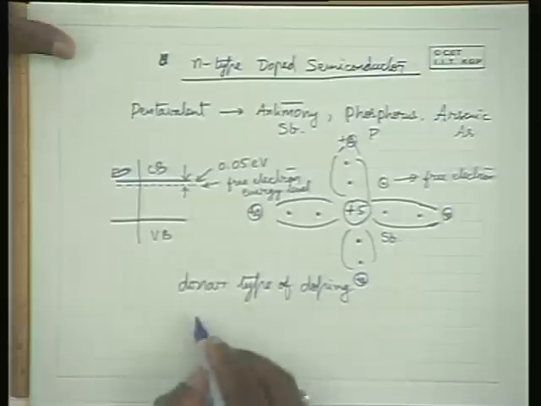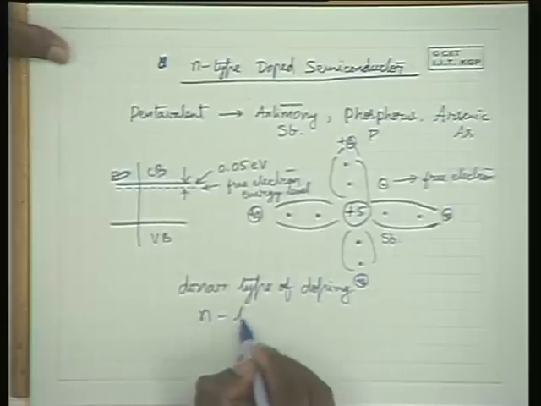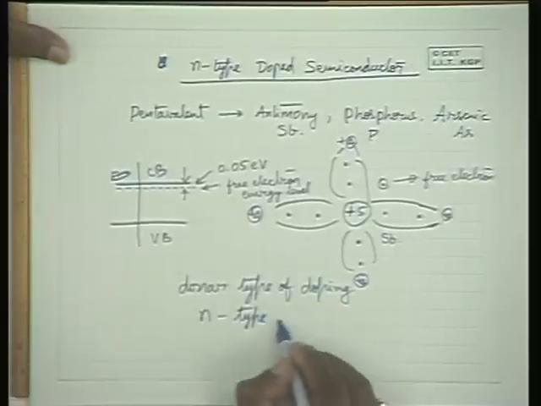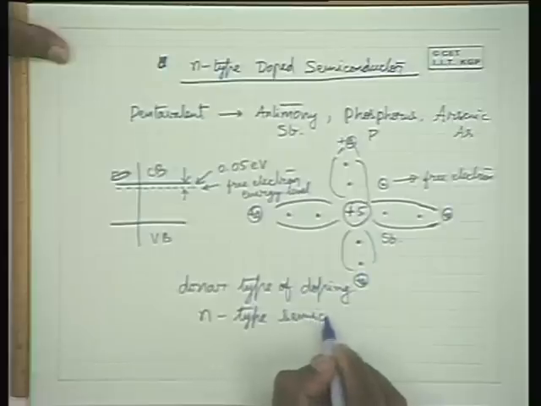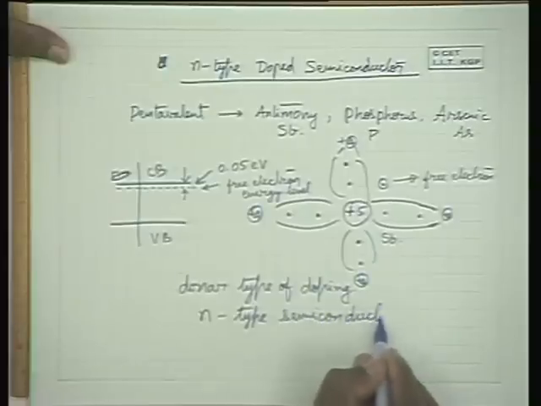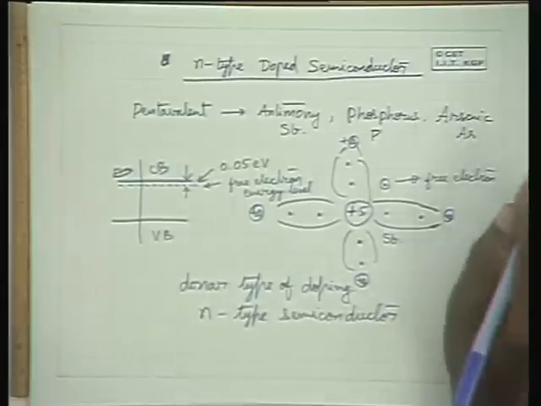This is donor type, and it is also known as N-type semiconductor, because we have been using N as a symbol for electron concentration. Mu N is the mobility for electrons and so on. Therefore, it forms an N-type semiconductor.